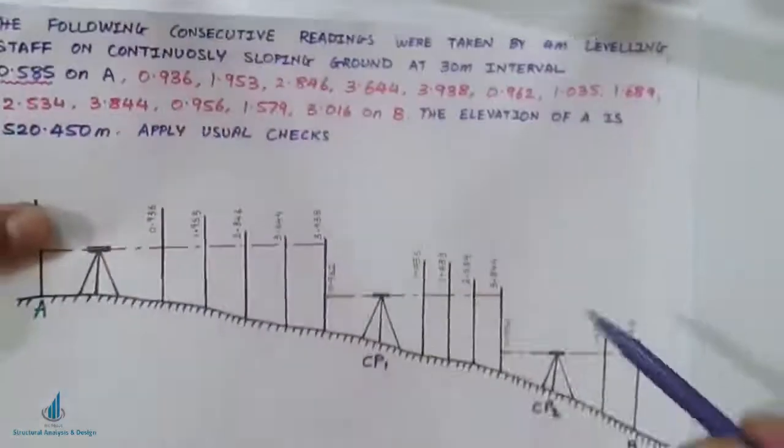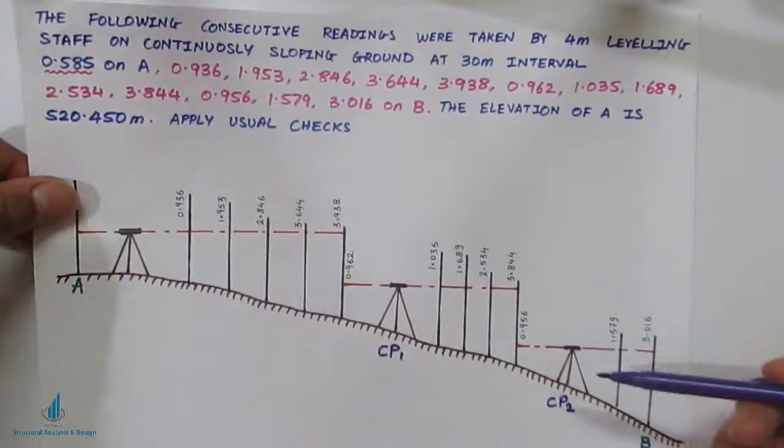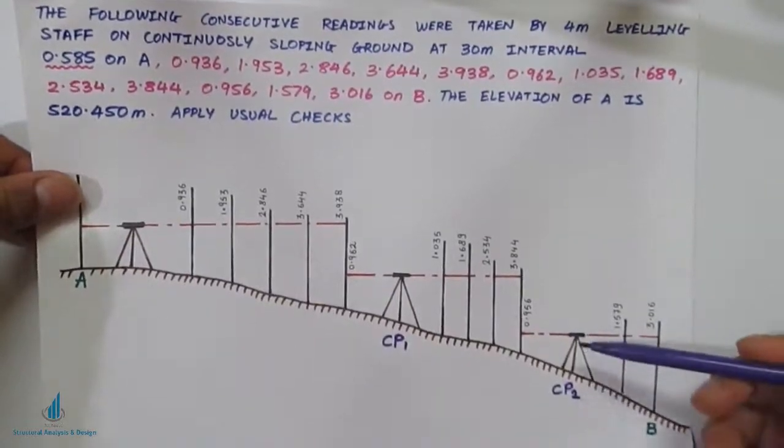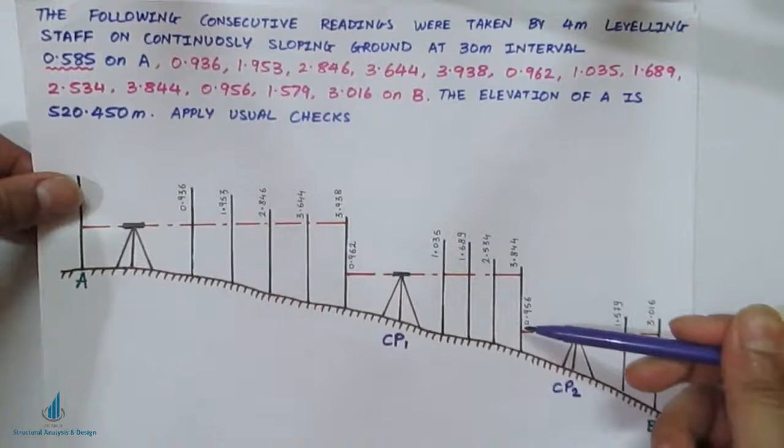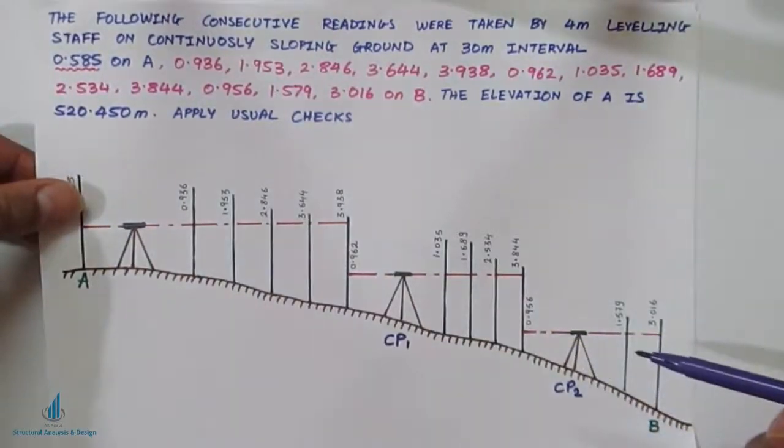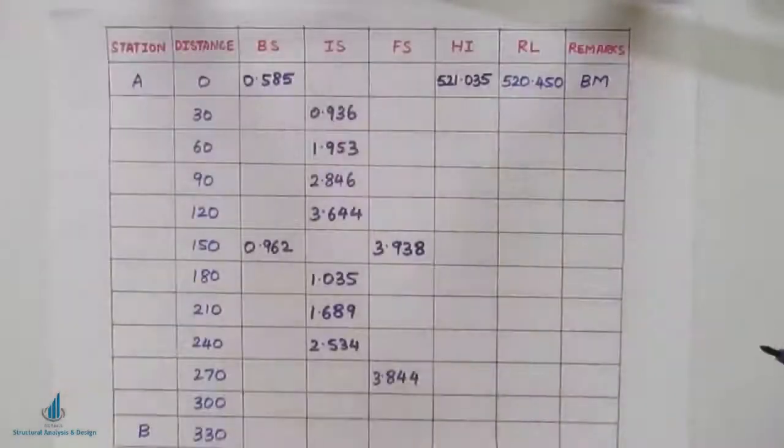After changing the instrument position at CP2, you should not lift the staff, and you take the backside from CP2, that is 0.956.